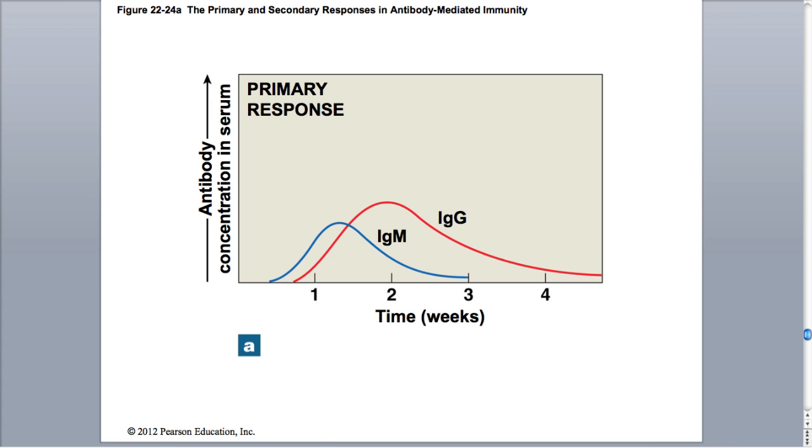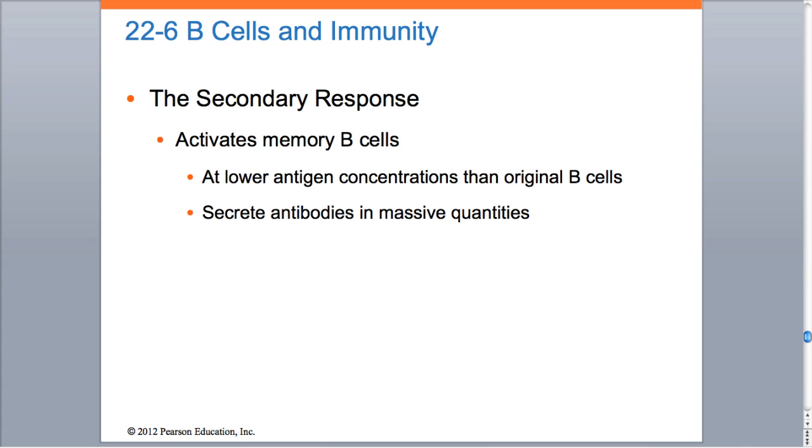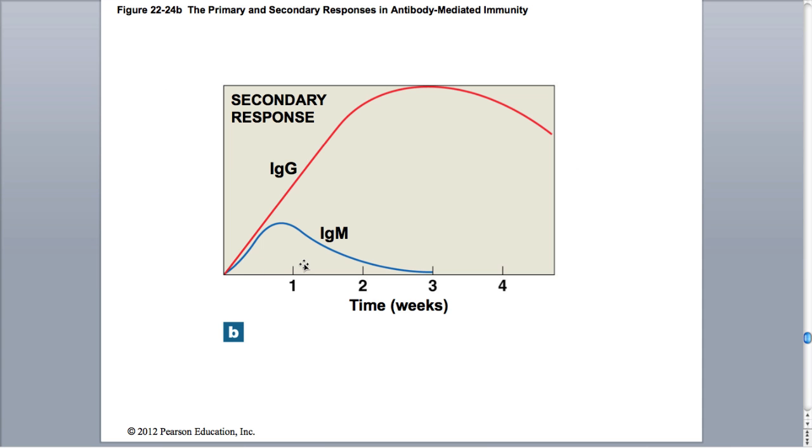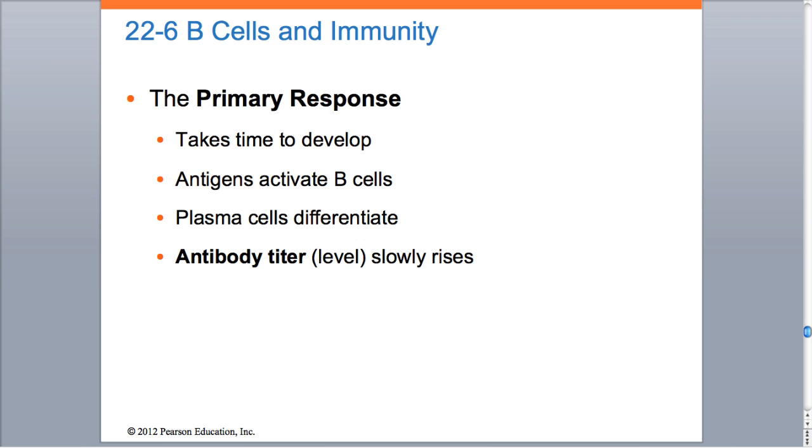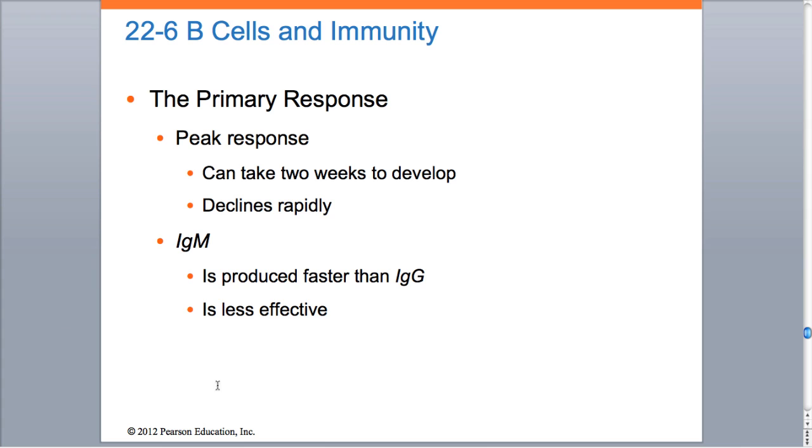Then, when the second response comes, look at the second time around. So this is the second time around that exact same germ came. IgM still takes its sweet time getting up there, but IgG is way up there because of the readiness response. So that readiness response. And they are mentioned in these slides.